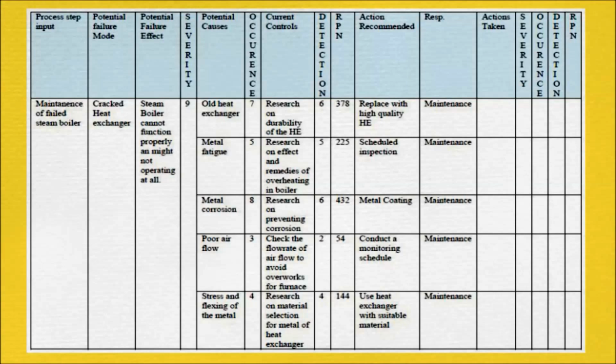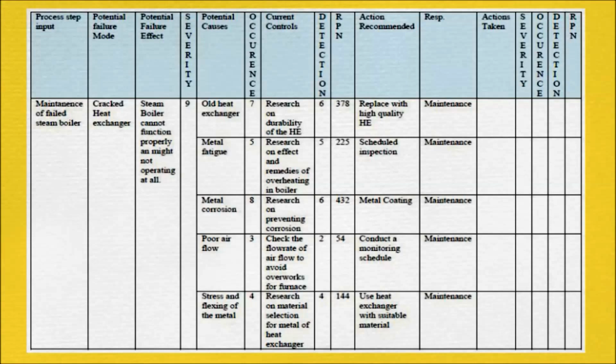And there is current control that has been taken to overcome the potential failure, which is research on durability of the heat exchanger, research on effect and remedies of overheating in boiler, research on preventing corrosion, check the flow rate of airflow to avoid overworks for furnace, and research on material selection for metal of heat exchanger. For the detection column, the higher the detection rate, which is 1 to 10, the harder the problem can be detected.